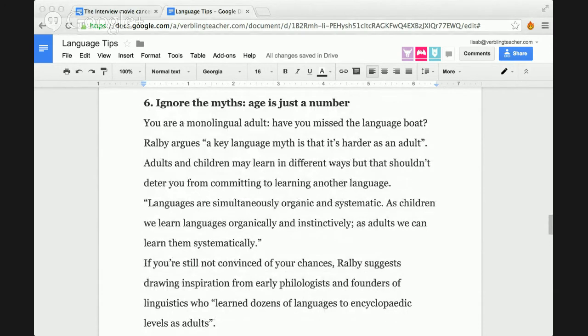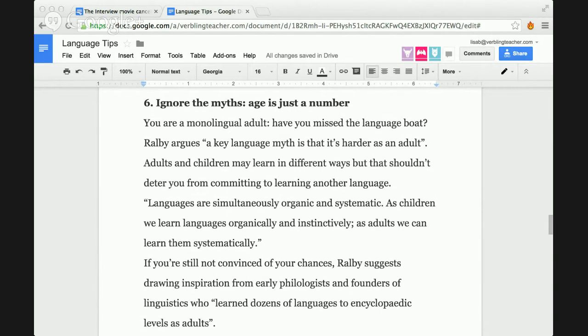Ignore the myths. Age is just a number. You're a monolingual adult. Have you missed the language boat? Ralby argues a key language myth is that it's harder as an adult. Adults and children may learn in different ways, but that shouldn't deter you from committing to learning another language.